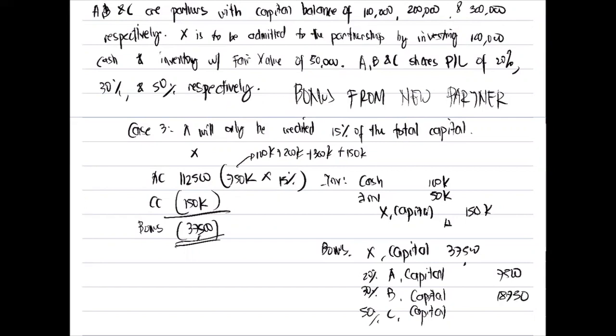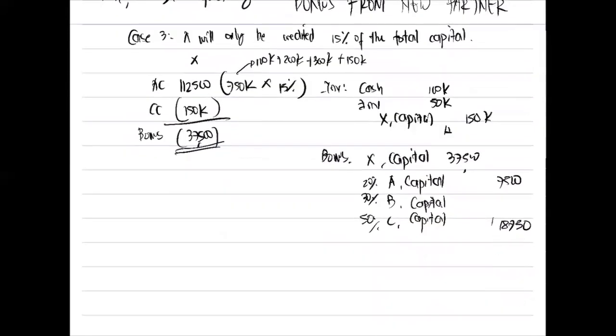Okay. 37,500 times 30% is 11,250. And yung 50% is 18,750.